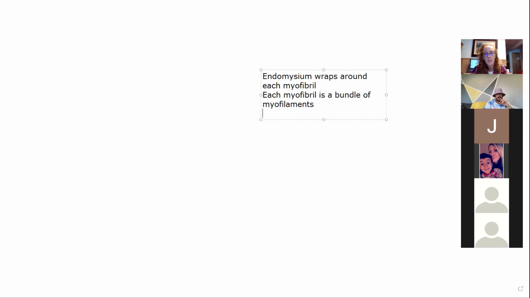Each fascicle is a bundle of myofibrils.